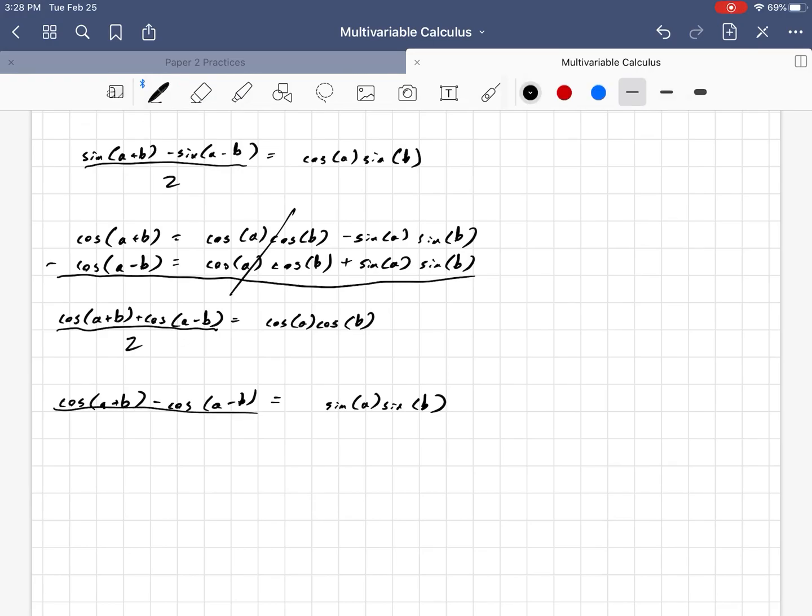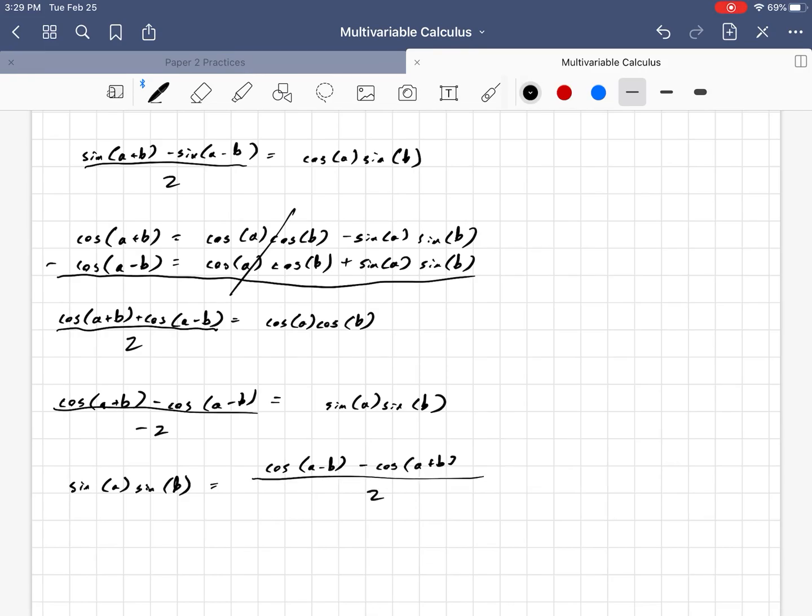Negative 2. And I would just simplify this one more step. I would say that sine a sine b is instead equal to cosine of a minus b minus cosine of a plus b over 2.